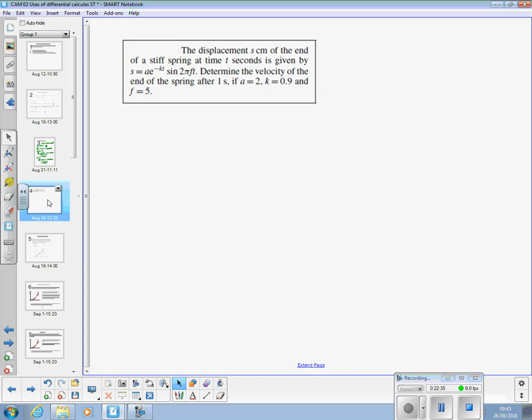The displacement S centimeters of the end of a stiff spring at time t seconds is given by S equals A e to the minus kt, and we want the b.